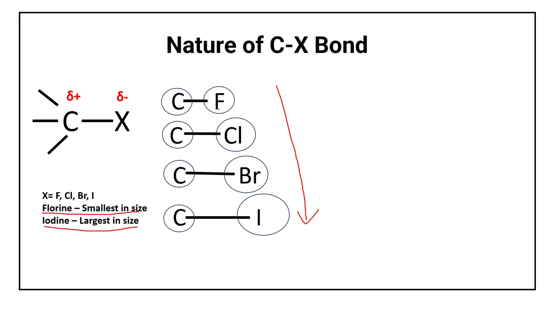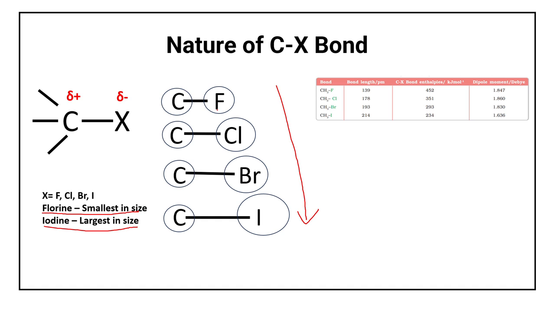When we move down the group, the bond length increases because fluorine is smaller than chlorine, bromine is bigger than chlorine, and iodine is the biggest. That's why down the group the carbon-halogen bond length increases.